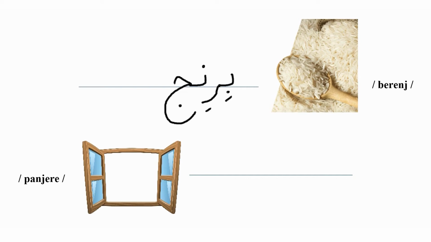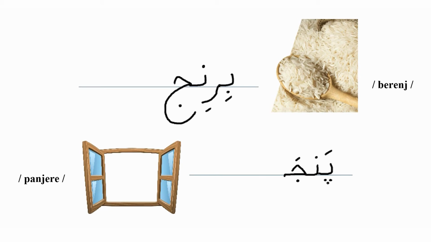The next word is window. Panjare. Repeat after me. Panjare. So we start with pe. Then after that we have the short vowel a. Then comes ne, pan. Then comes j in the middle. So we connect it to both sides. Panja.